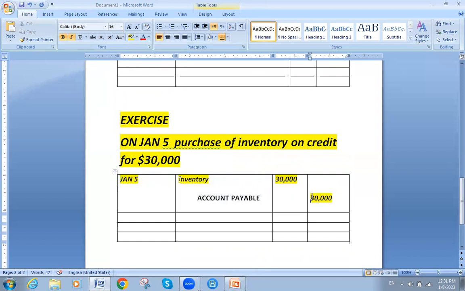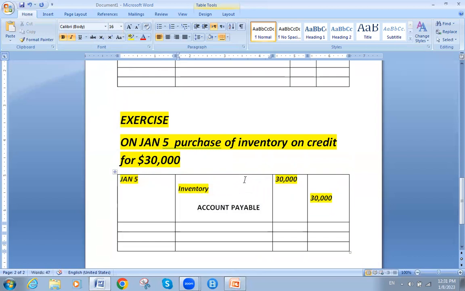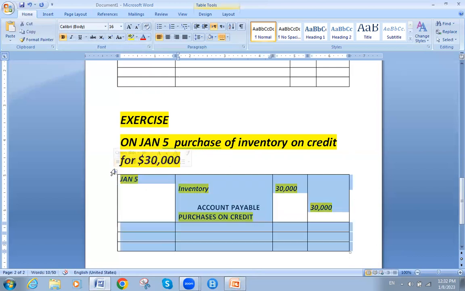So here it is: inventory to the account payable. Then the description: purchases on credit. And that will be the declaration of your transaction on that day.